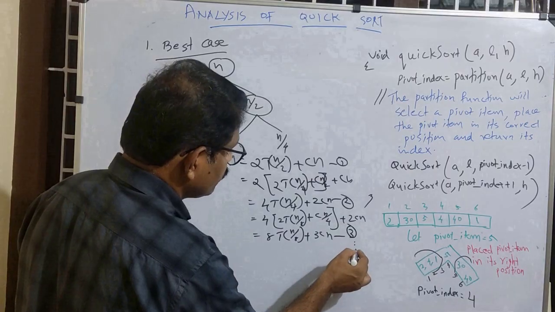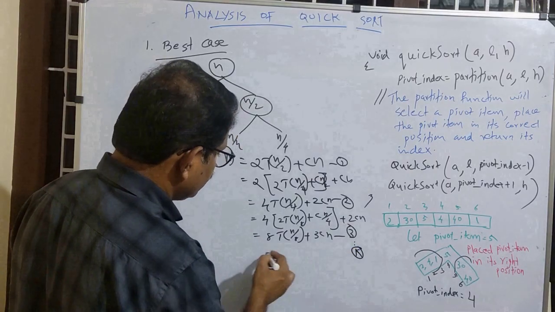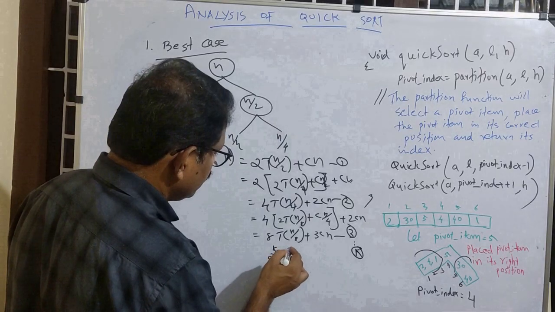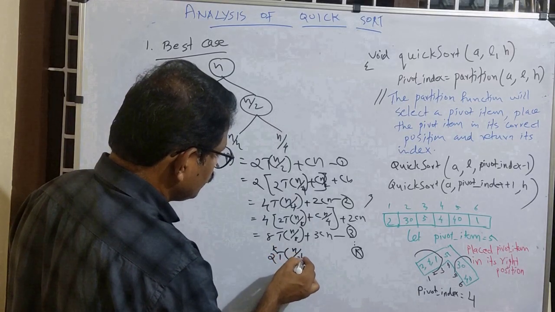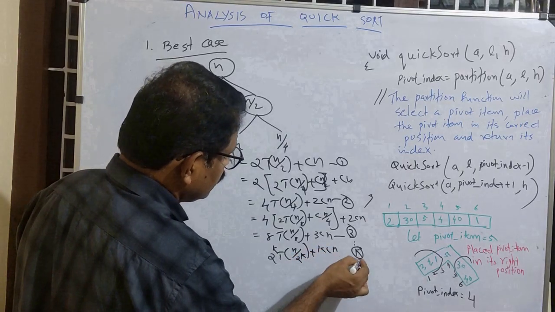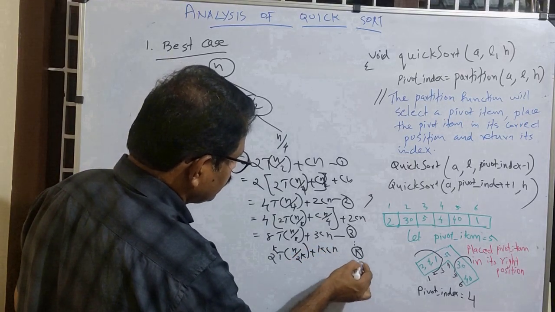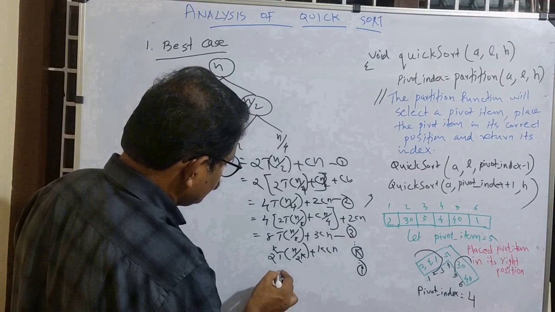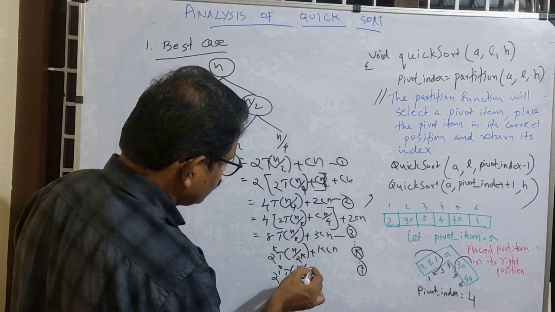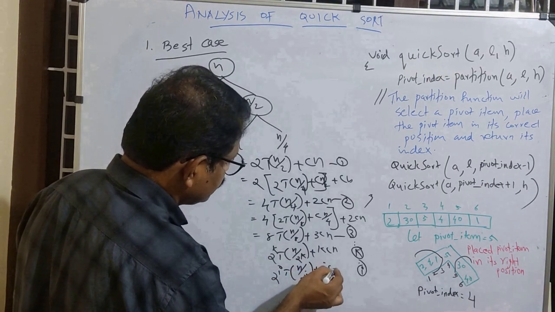If we go like this, our kth equation will be 2 raised to k T(n by 2 raised to k) plus kCn. Our ith equation will be 2 raised to i T(n by 2 raised to i) plus iCn.